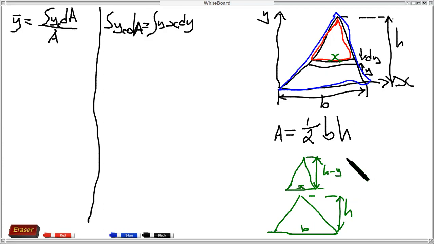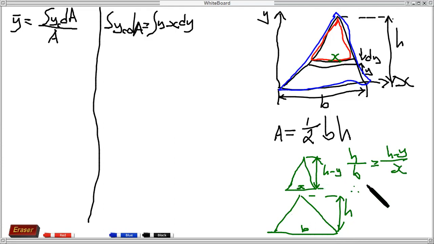So you can do it like this now. You can say h over b is the same as h minus y over x.